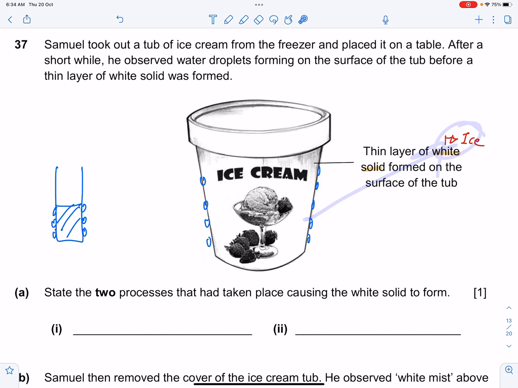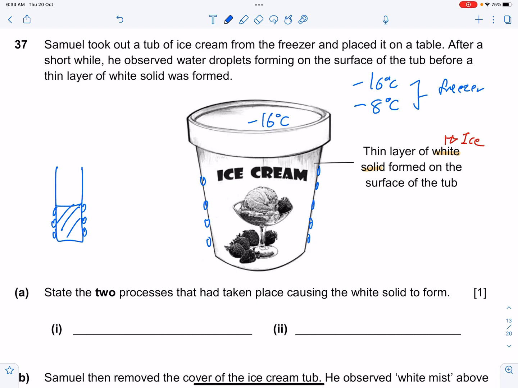Now that is the question. So what happened is that your ice cream, when you think about it, the temperature of your freezer is about negative 16 degrees. Definitely it will not be at 0 degrees. It's negative 3 at minimal. Most people will put it at negative 18 degrees for your freezer. So think about it. Your ice cream should also be around negative 16 degrees, or if not even negative 14 degrees, right?